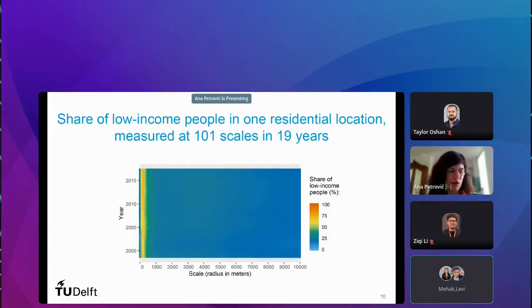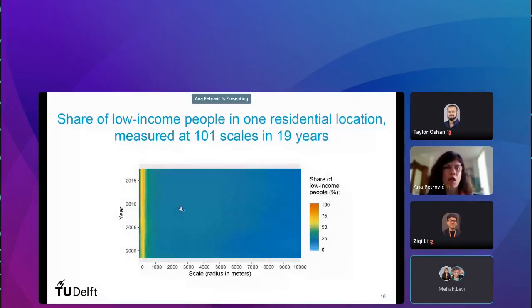And the picture of this neighborhood is that over time we have almost the same situation: only at a smaller scale are people exposed to more poverty, but then this share of low-income people drops over scale. If you focus on years, the situation in this specific neighborhood is more or less the same.